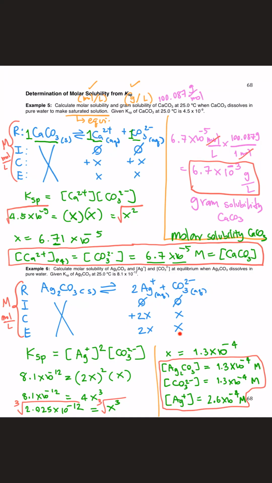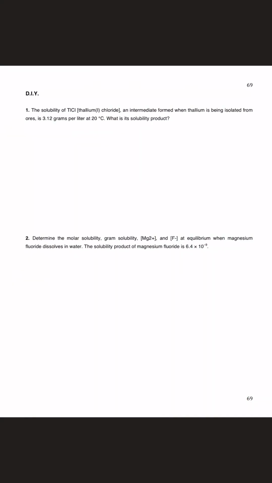Same thing for example 6 as well. And the concentration of each ion at equilibrium depends on the ratio that each salt gives off. To master this concept, you will need to complete the DIY problem on page 69. The answer keys will be posted on Moodle.